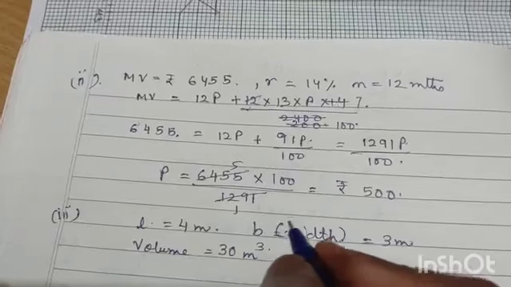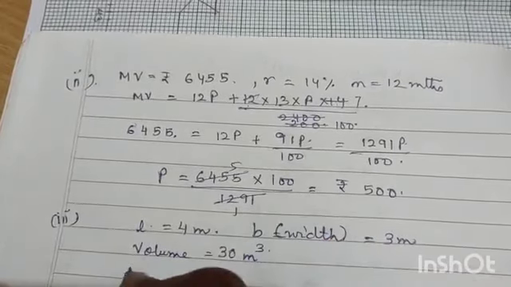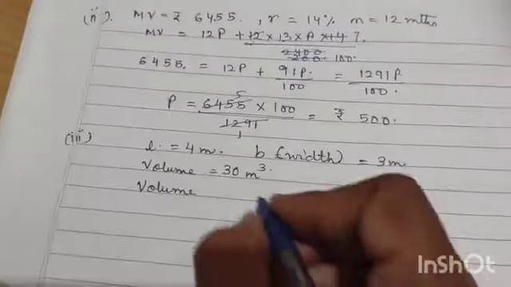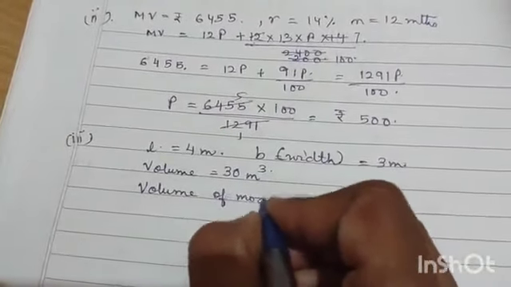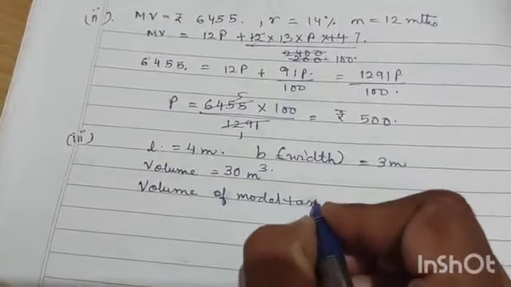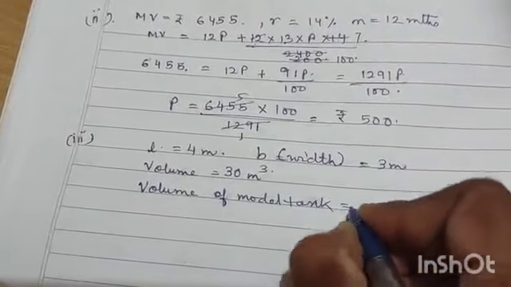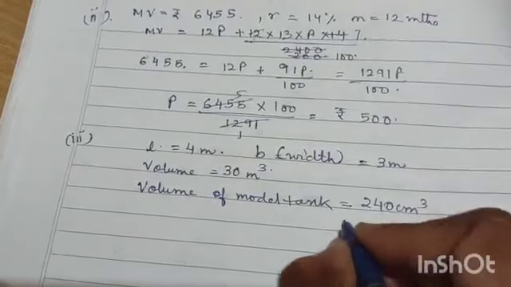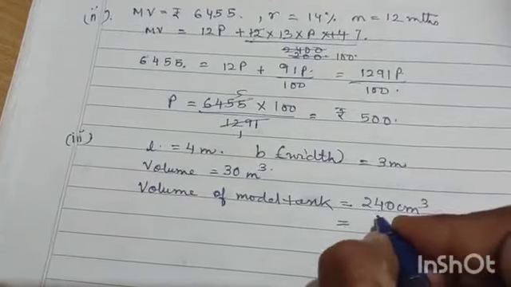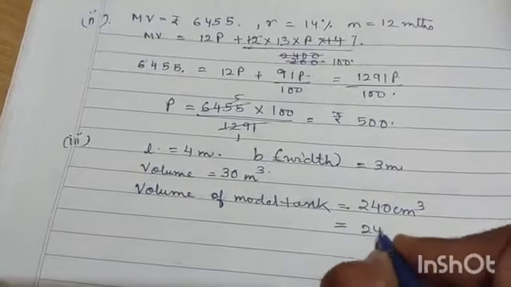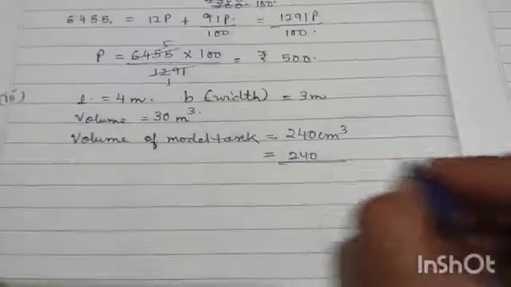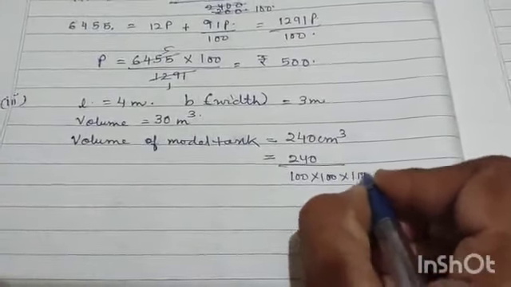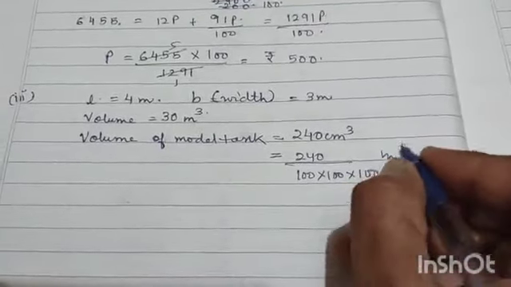So volume of the model tank is given 240 centimeter cube. This we change it to meter cube, so it is 240 by 100 into 100 into 100. This is meter cube.